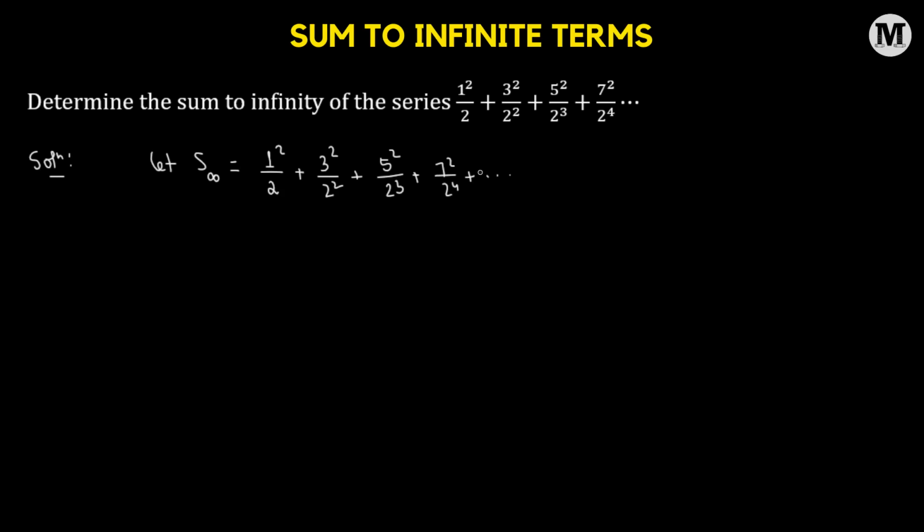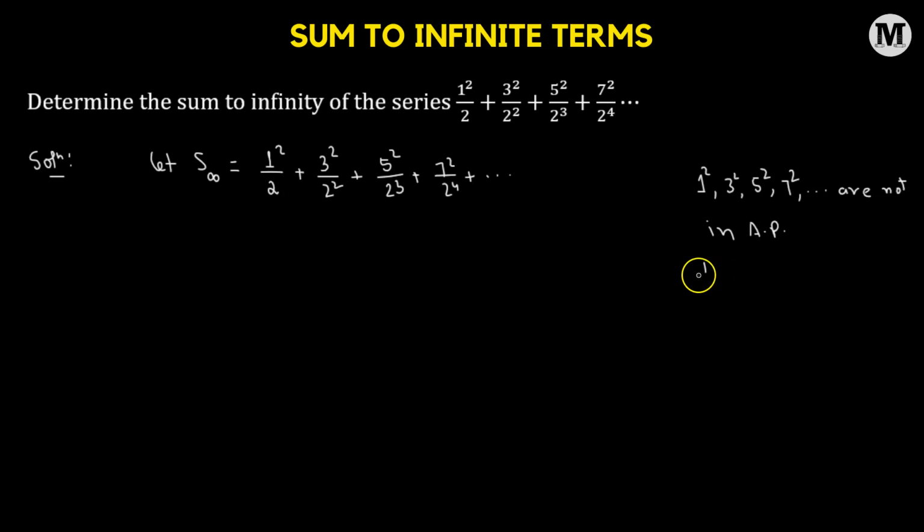So there's a possibility that it could be an arithmetico-geometric series, but that is also not the case. Suppose we consider only the numerator part of each of the terms. So from the first term we consider 1 squared, followed by 3 squared, then we have 5 squared, 7 squared, and the rest of the terms. Now clearly these terms are not forming an arithmetic progression because there is no fixed common difference here.